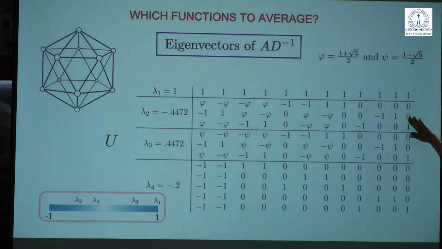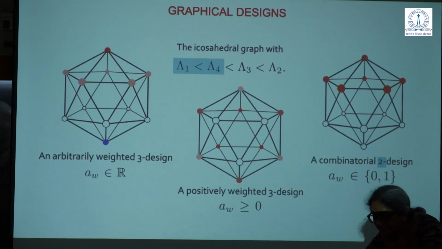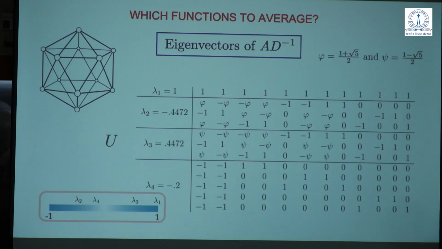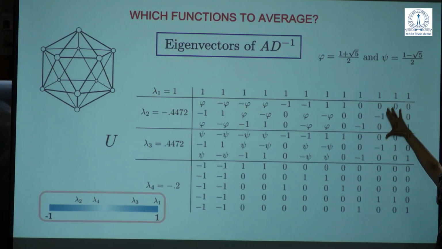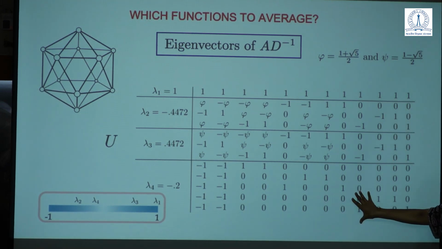Okay, so these are the eigenvectors. Everybody okay with this? Yeah? Question? So now what we want to do is average, say, the first one is for free, but let's say I want to average this eigenspace and that eigenspace, or just this eigenspace, or this one only, or whatever.